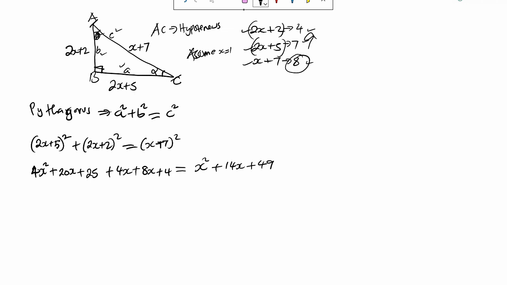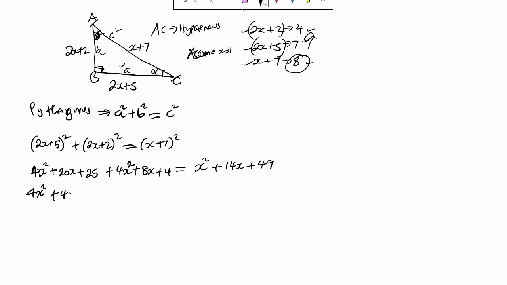Now from here we can proceed on to collect the like terms. On the other hand also, I shall require everything on my left hand side, because I'm seeing us coming up with a quadratic equation. I'm not sure yet, but let's see. So we have 4x squared, and then we have this one was 4x squared, sorry for that.